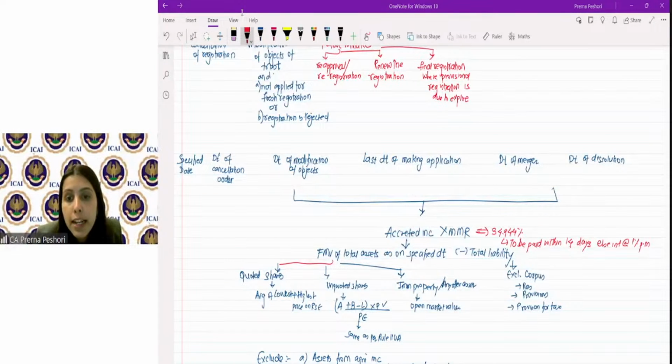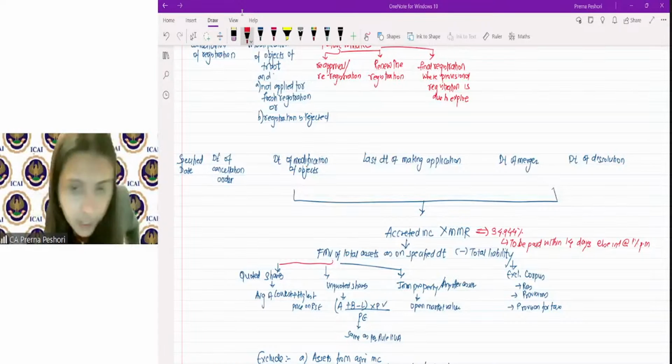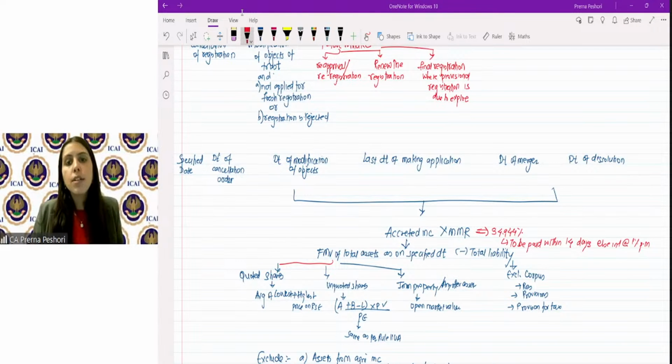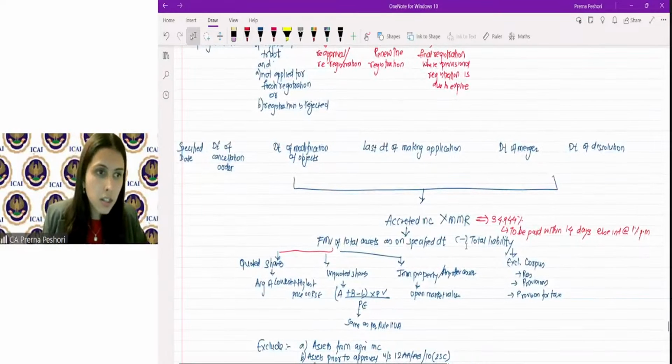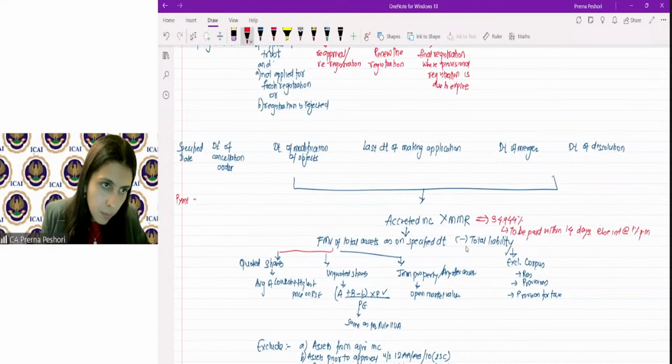So 14 days from the end of the previous year where the trust has failed to apply, or from the date of the merger, or from the, it is 14 days from different dates basically. So in case the trust's registration has been cancelled, so 14 days from the date on which the period of appeal expires. In case, so you can just write down over here after the specified date, payment date 14 days from date of appeal expires.